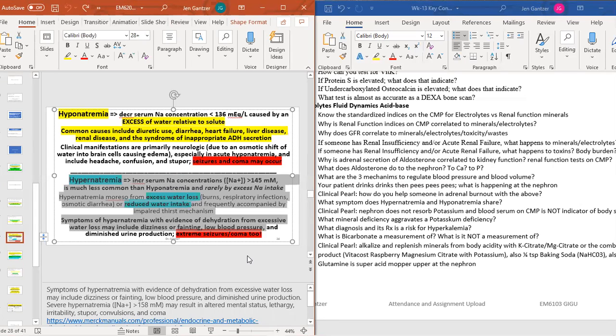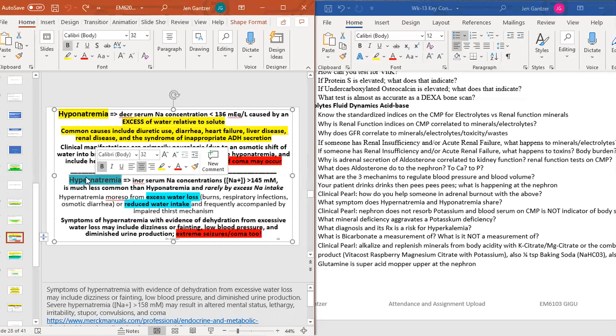Too many people avoid salt because they think that that is going to change their blood pressure, when it's really more dehydration and imbalanced other minerals. Almost always hypernatremia, meaning too much sodium, is going to be from an imbalanced water.